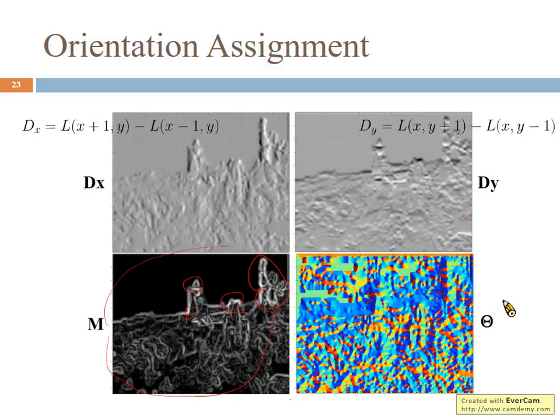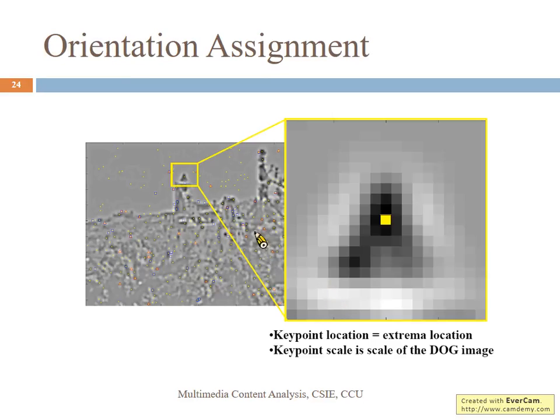Okay, and this figure shows the gradient orientation. It is shown in color, so different colors represent different orientations, different directions. So by focusing on this key point, for example, we can calculate the gradient magnitude and the gradient orientation for each pixel.